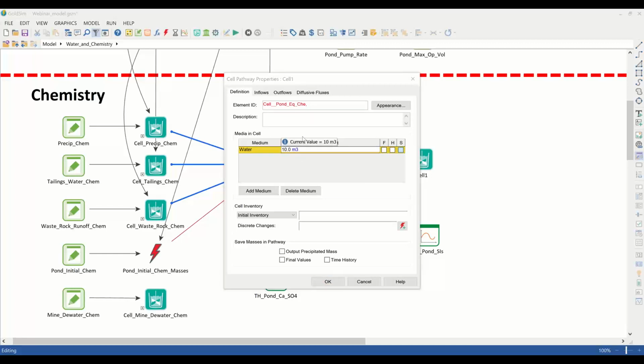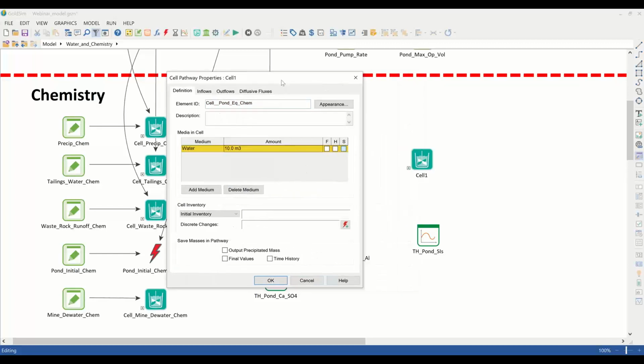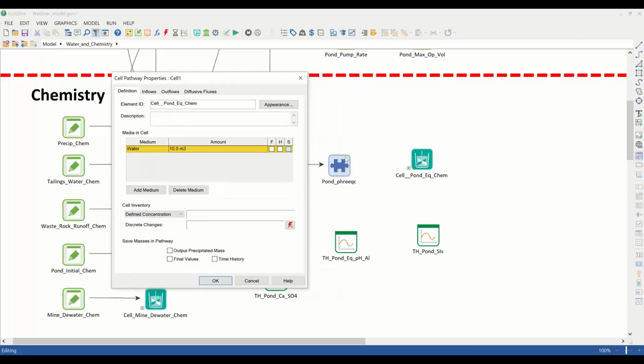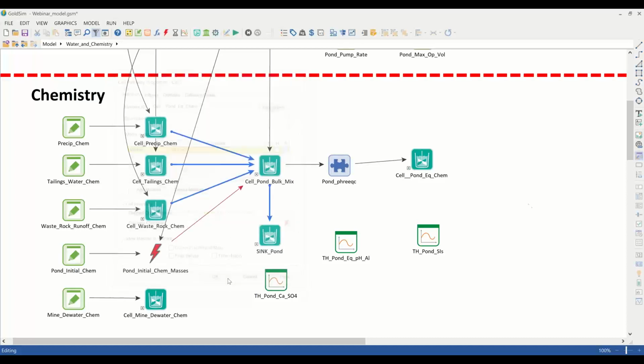And you can give this any sort of arbitrary volume here, because this becomes sort of like a chemical source that we're using. It has a defined concentration, and that defined concentration is what's coming out of our pond element, or our Phreeqc element, which is pond Phreeqc dot, and the equilibrated concentrations.